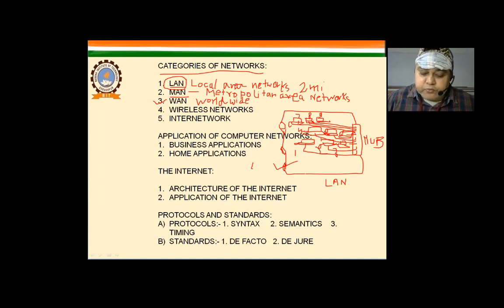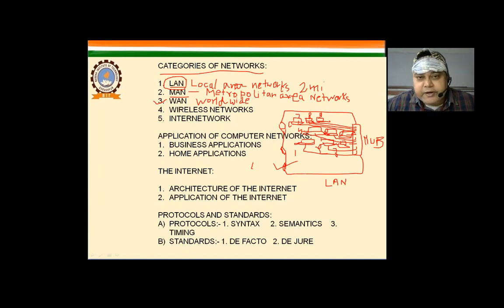In addition to size, LANs are distinguished from other types of network by their transmission media and topology. In general, a given LAN will use only one type of transmission medium.